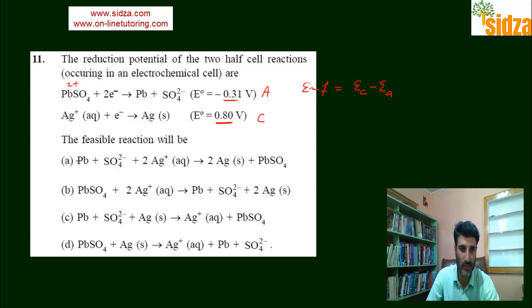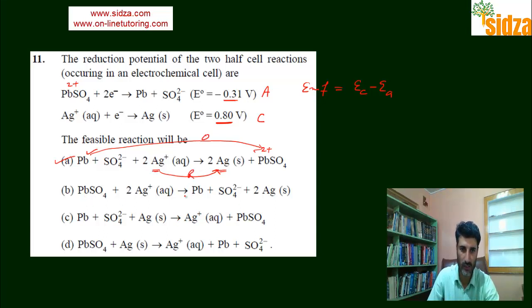The lead changes into the lead 2+ ion, and the silver ion changes into metallic silver. So I think option A is the correct option, because this is the oxidation reaction and this is the reduction half reaction.